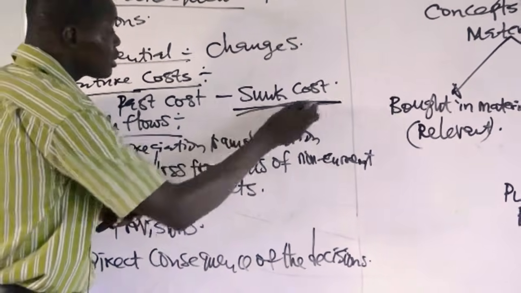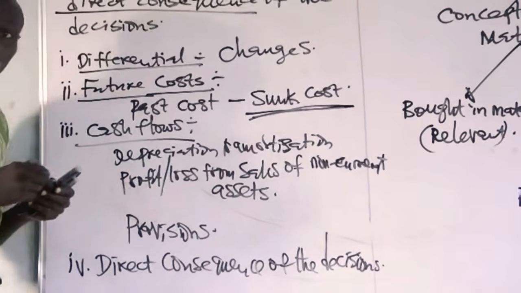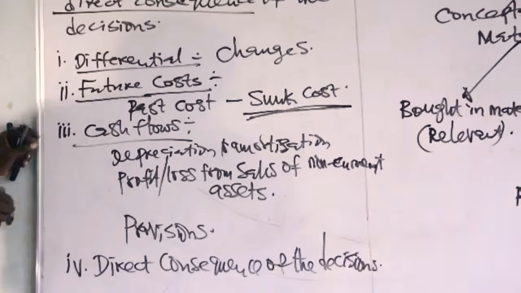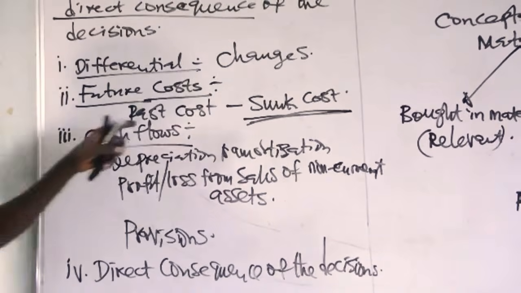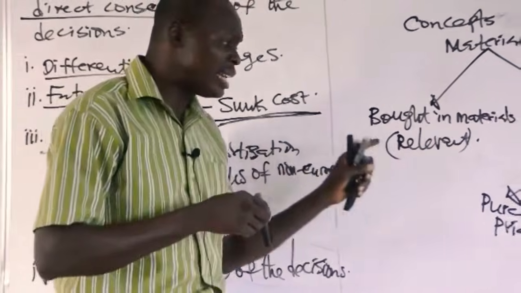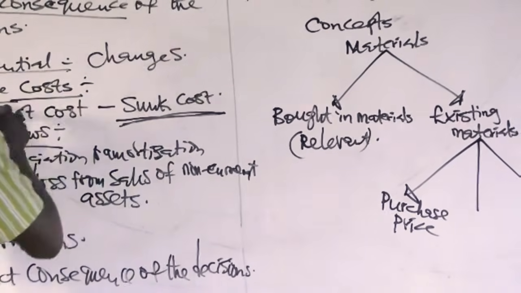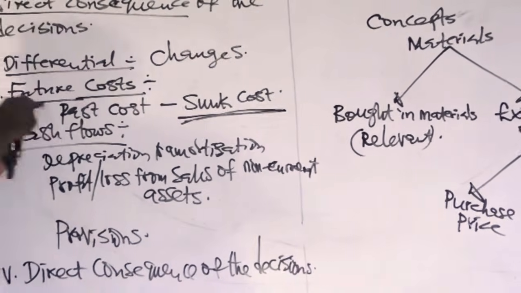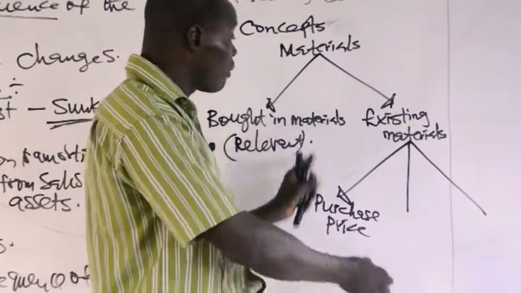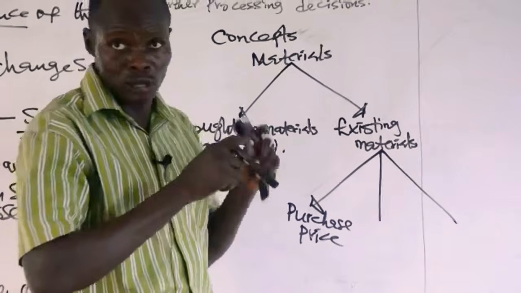Sunk costs are past costs, and for a cost to be relevant, it must be a future cost. Therefore, the purchase price of existing materials is not relevant.